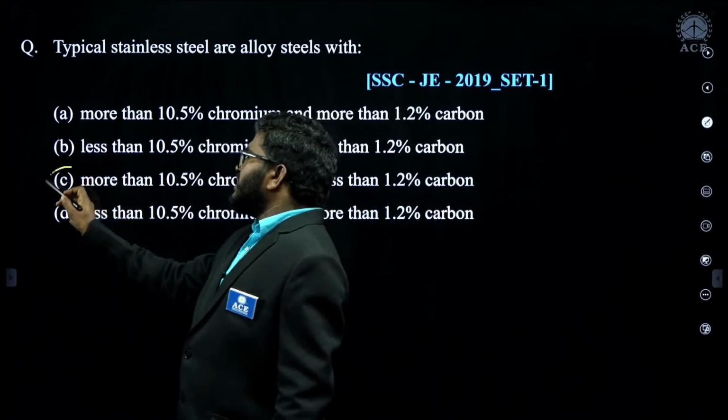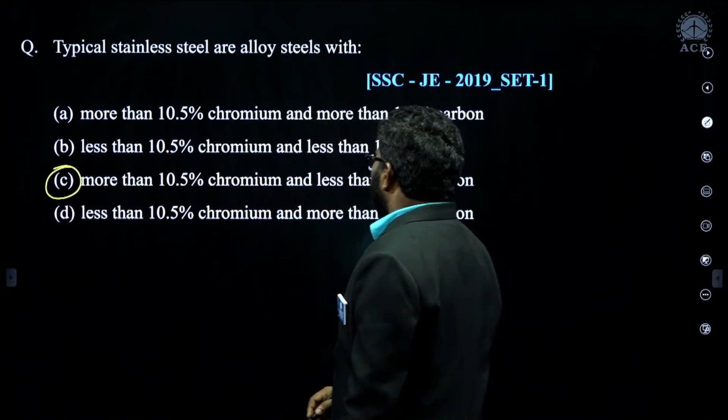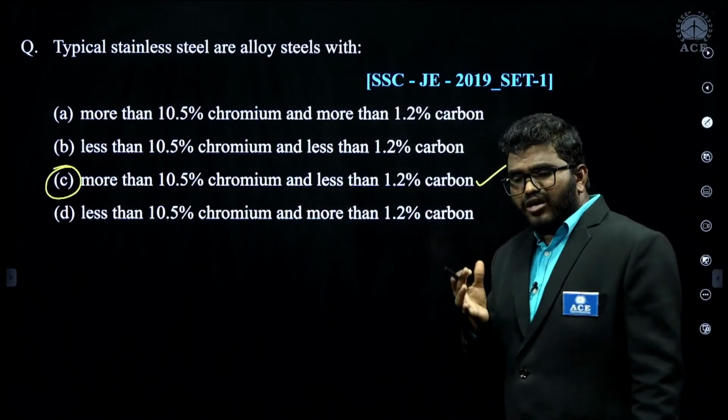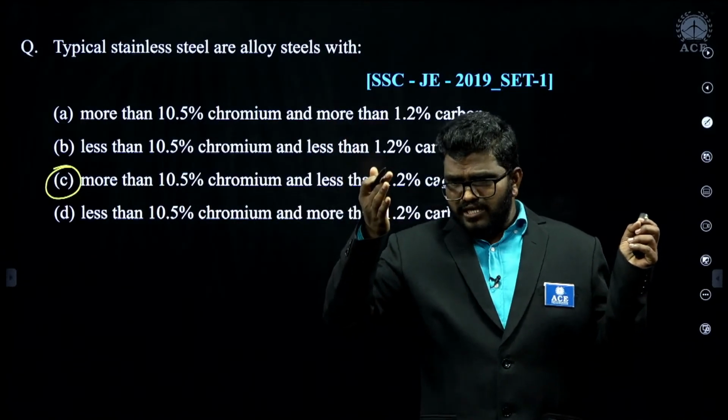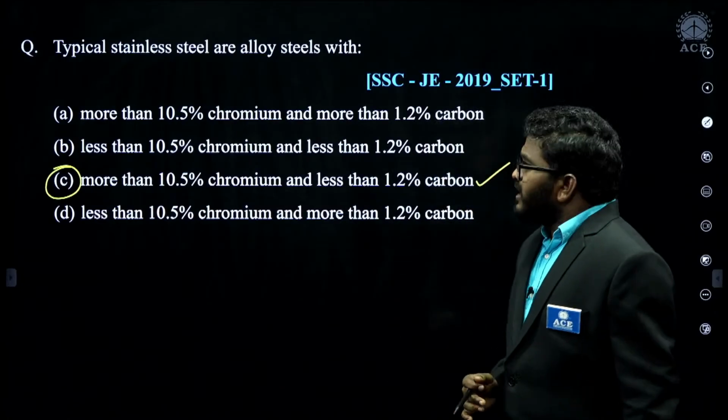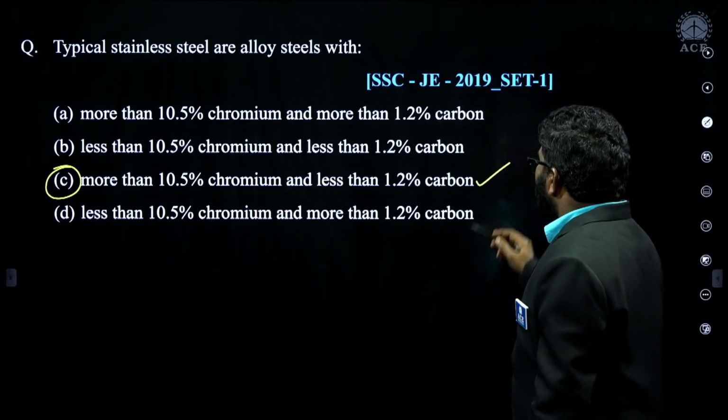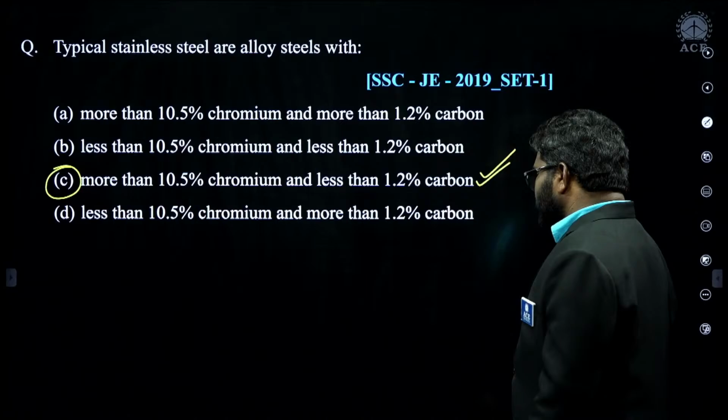Here, more than 10.5% chromium and less than 1.2% carbon is stainless steel. The carbon percent is not very high, it is less than 1.2 only, right?